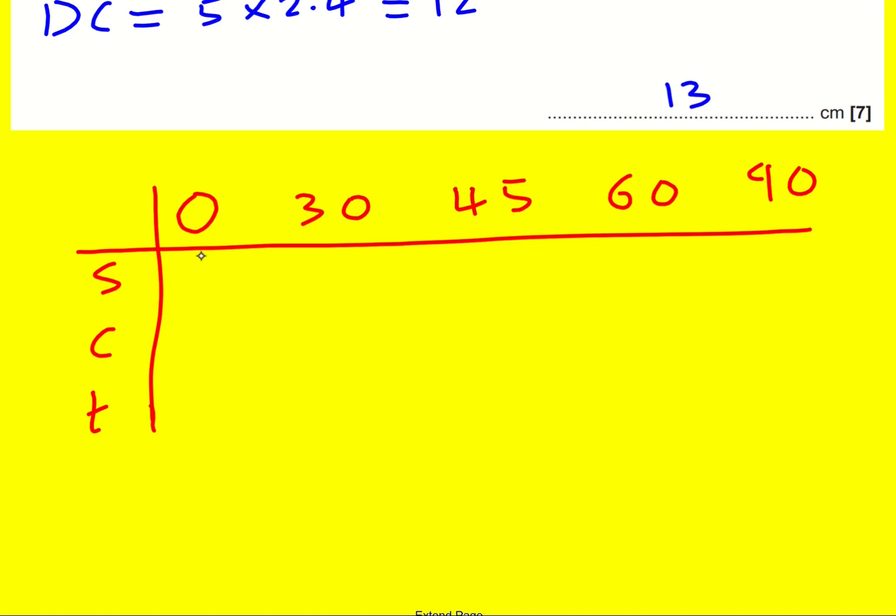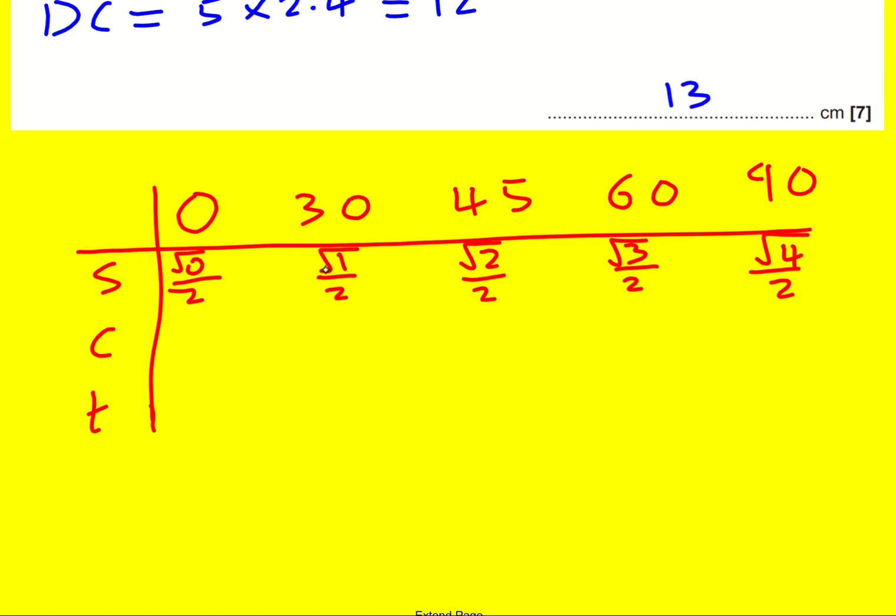And then what we can do is, you have to practice this to master it, but 0, 1, 2, 3, 4, write those numbers down, square root them all, and divide by 2, and it will give you the exact values of sine. It's like a little algorithm.